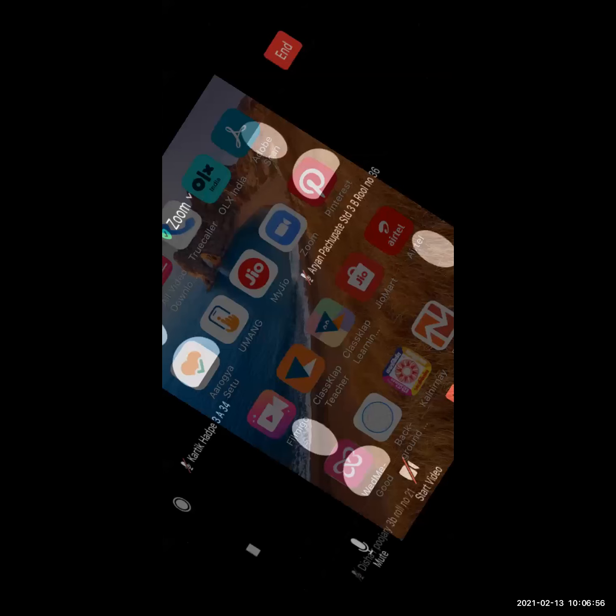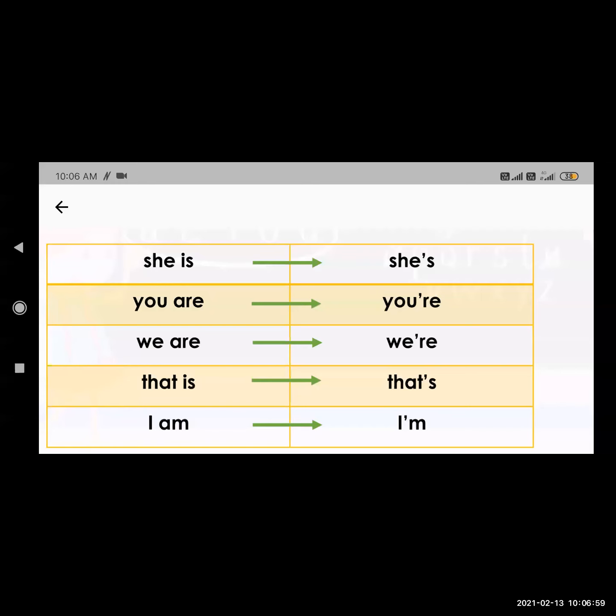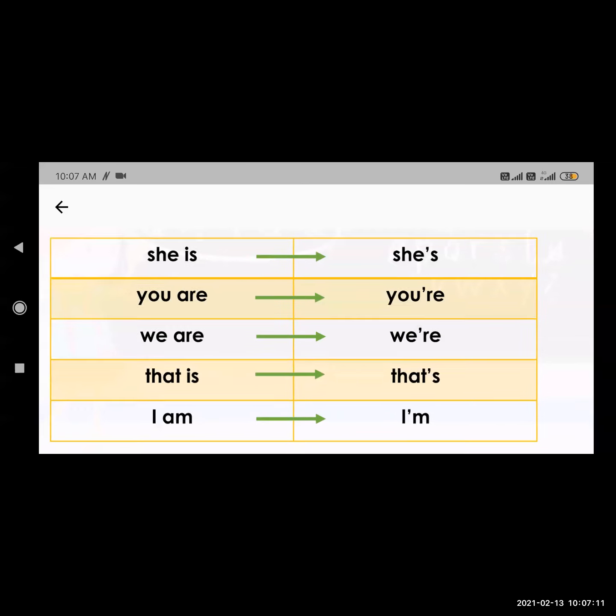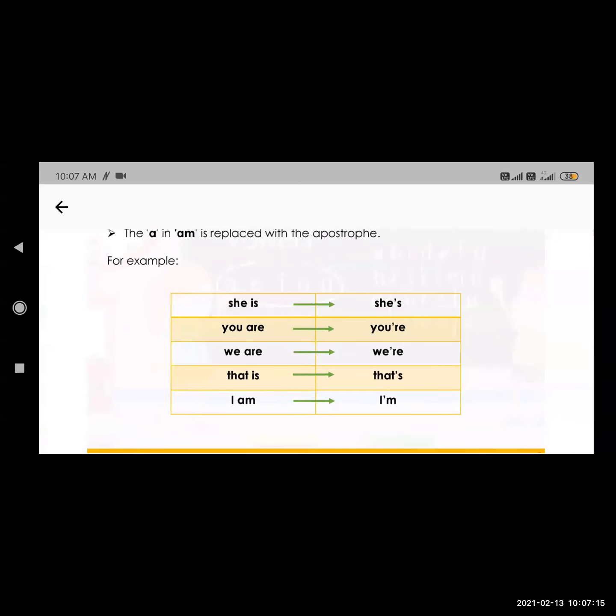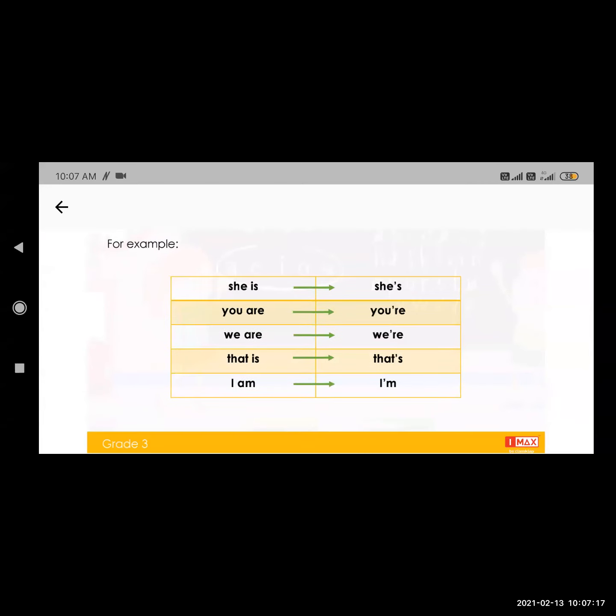I is removed, and i is replaced with the apostrophe sign. You are, a is replaced. We are, a is replaced. That is, i is replaced. I am, a is replaced. So this is called contraction, making the short form of these words.